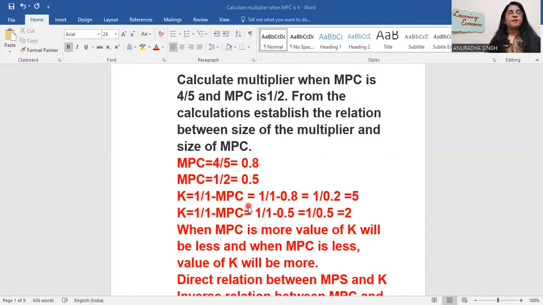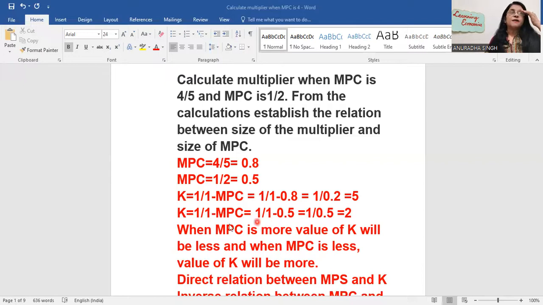So that is 1 upon 1 minus 0.8, which is 1 upon 0.2, and that is equal to 5. Now the multiplier's value is 5. When the value of MPC was 0.8, the value of multiplier was 5.